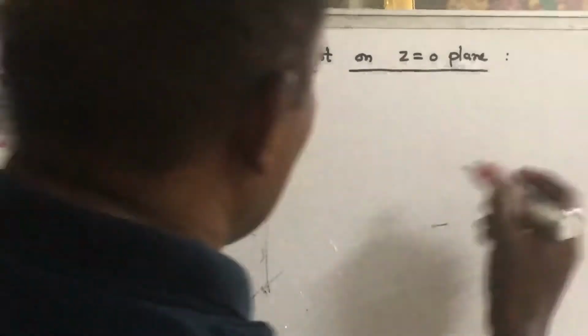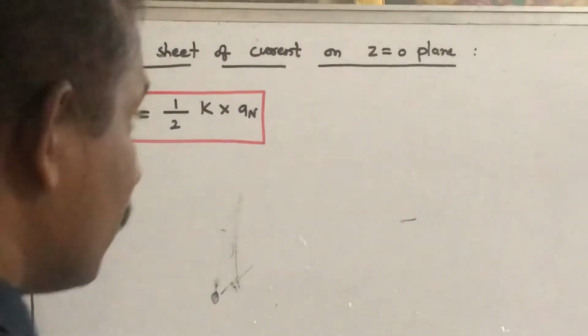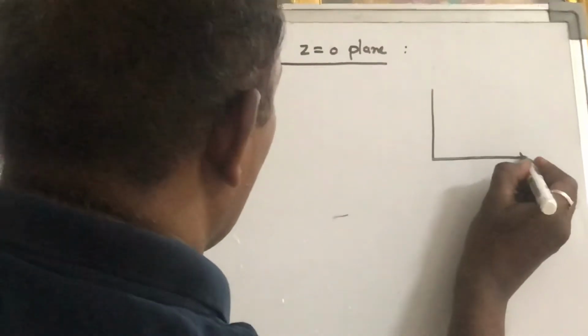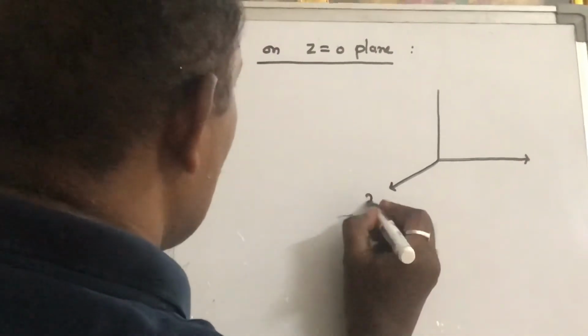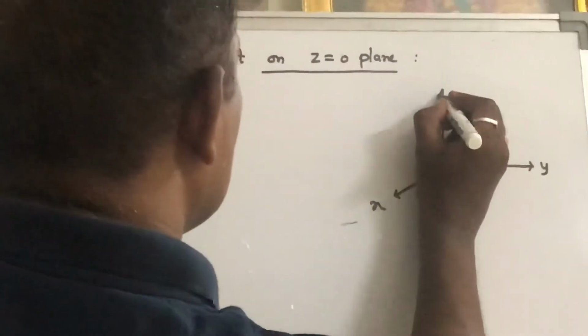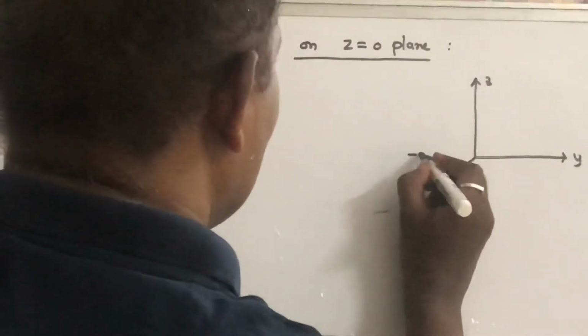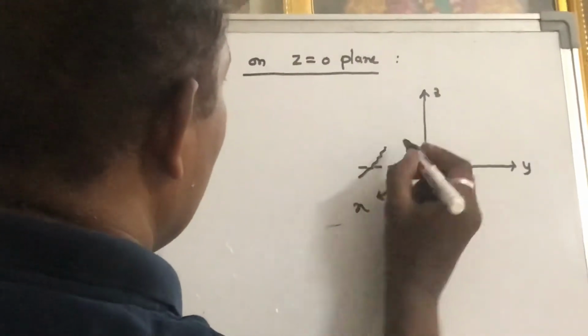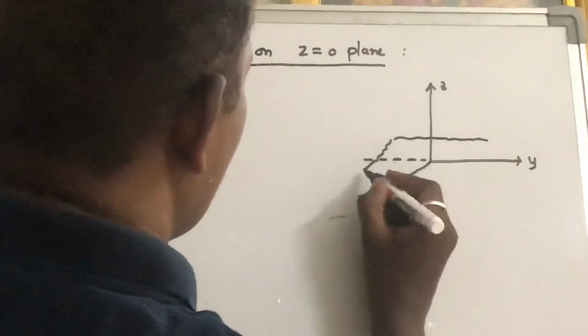So let us represent the given information in a diagram. This is a three-dimensional coordinate system x, y, z. So where is the sheet located? The sheet is located in z is equal to 0 plane.